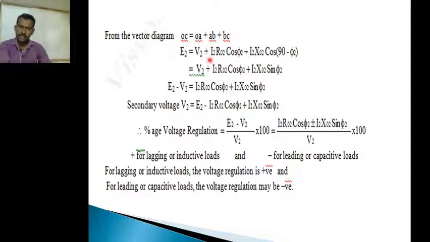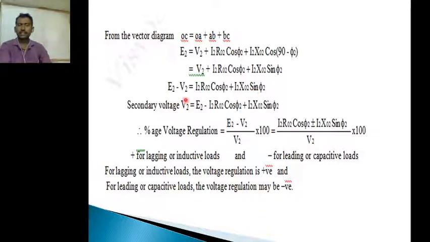So this is the vector representation. But this is the case of the lagging load. If we go for the leading load, here we get a minus sign. So from this, E2 equals V2 plus I2 into R02 into cos phi 2 plus I2 into X02 into sin phi 2. So E2 minus V2 equals I2 into R02 cos phi 2 plus I2 into X02 sin phi 2.